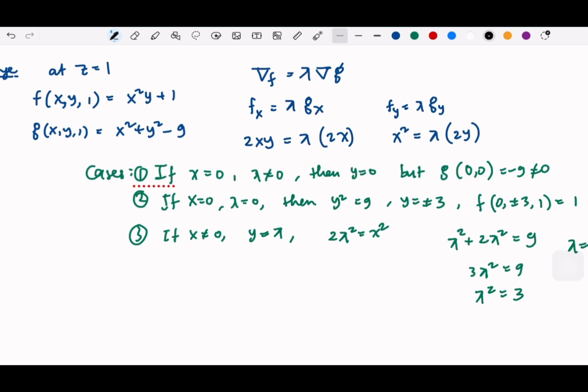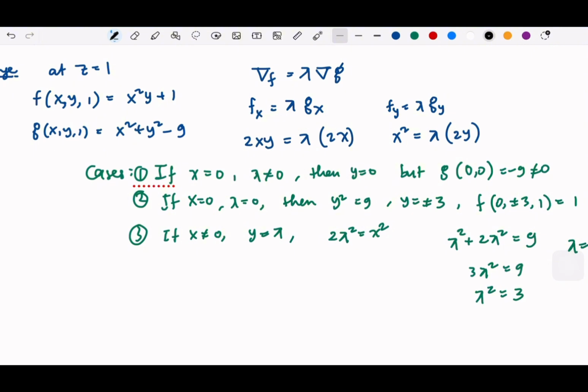Y itself could be lambda. When y is lambda, then we could turn into these equations. Since this is lambda, x squared will be 2 lambda squared.